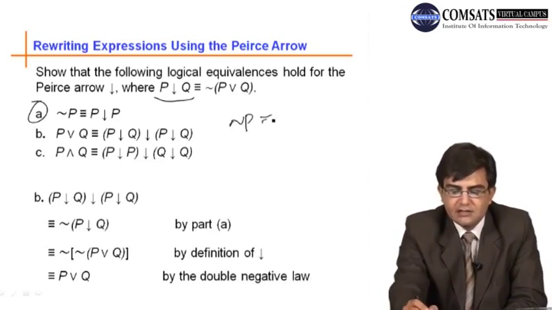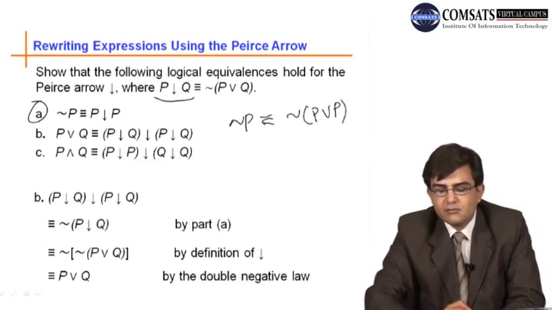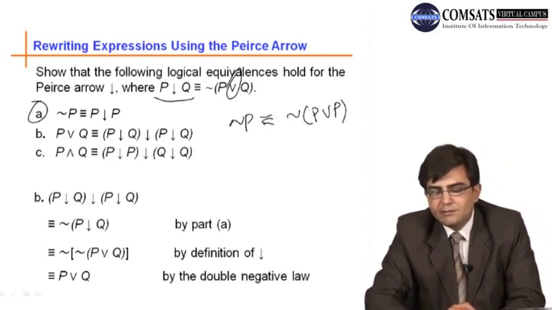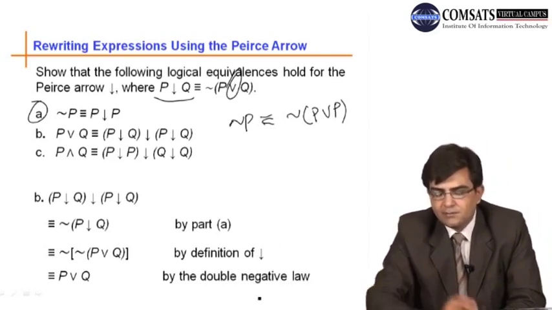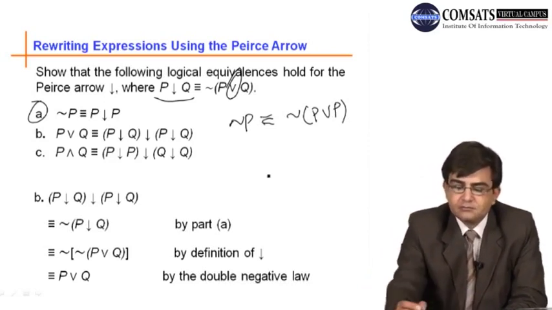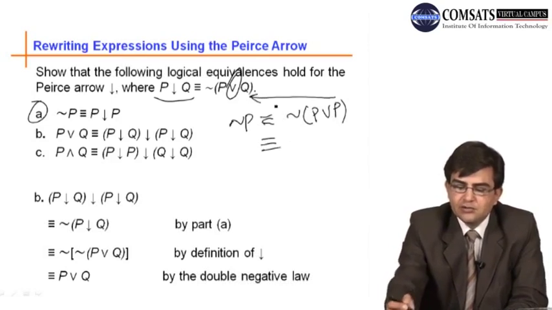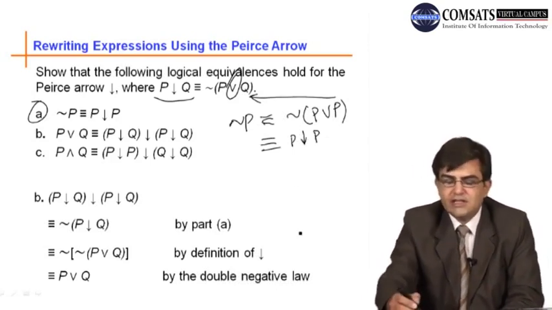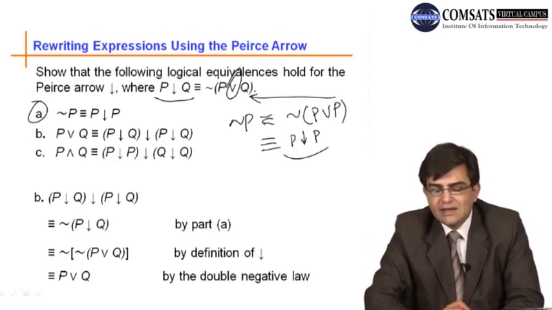Not P is logically equivalent to not of P or P, because in this definition we have or, so we can write here P as P or P by using the rules of logic. Now here we have a P instead of Q, so we can write it as P Peirce arrow P. So not P is logically equivalent to P Peirce arrow P.